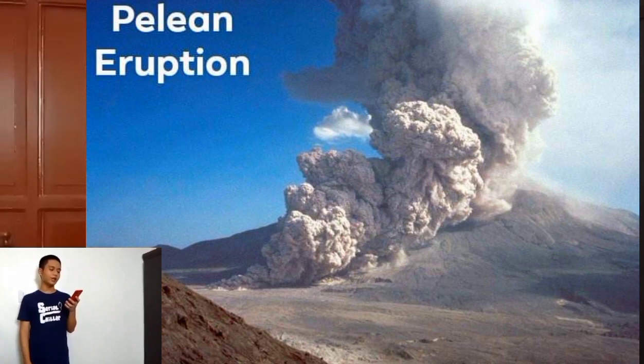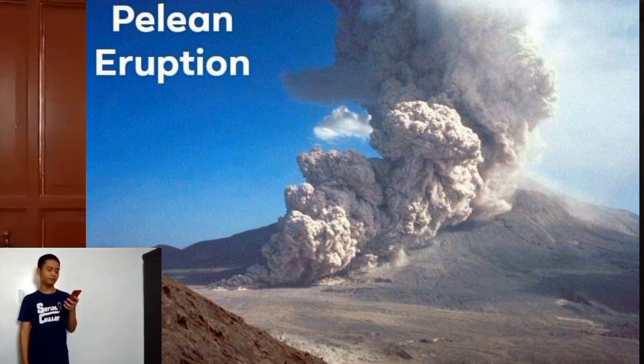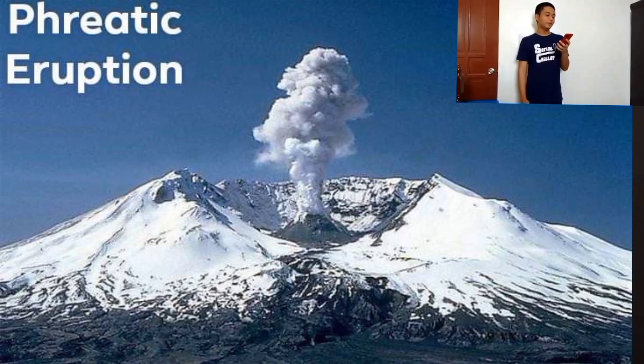Pelean eruptions are a type of volcanic eruption. They can occur when viscous magma, typically of rhyolitic and andesitic type, is involved, and share some similarities with Vulcanian eruptions. Phreatic eruptions, also called phreatic explosions or steam blast eruptions, occur when magma hits groundwater or surface water.